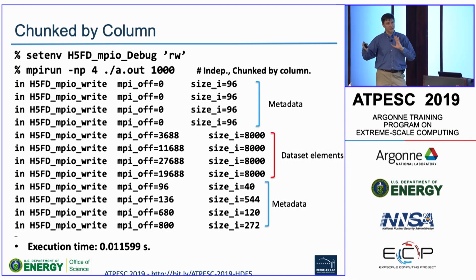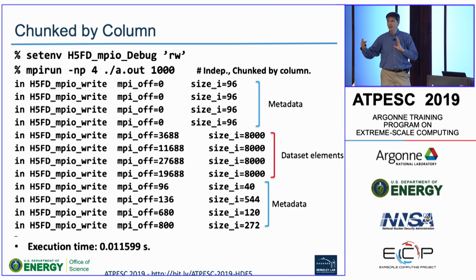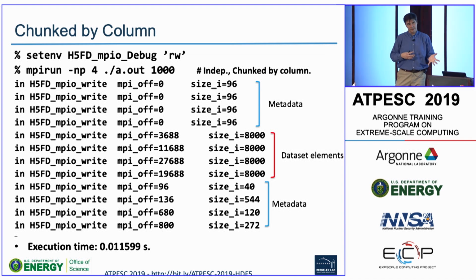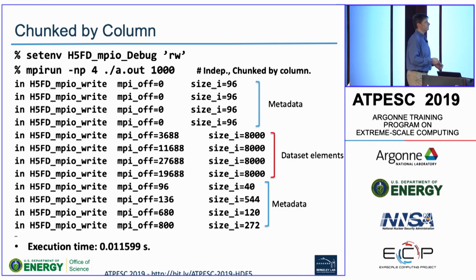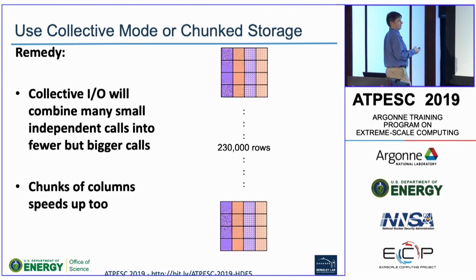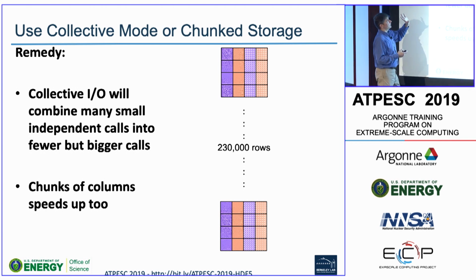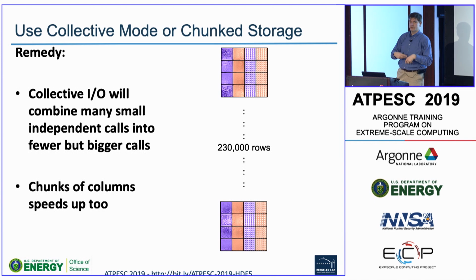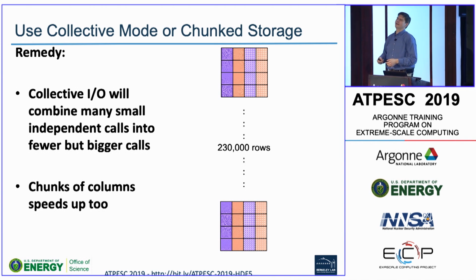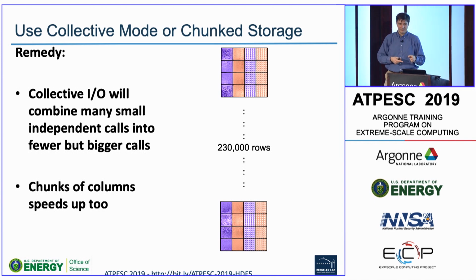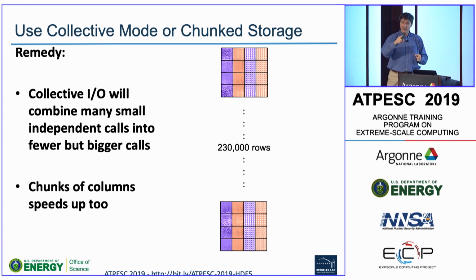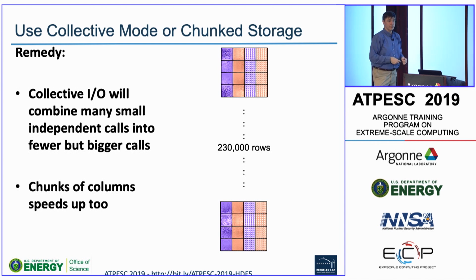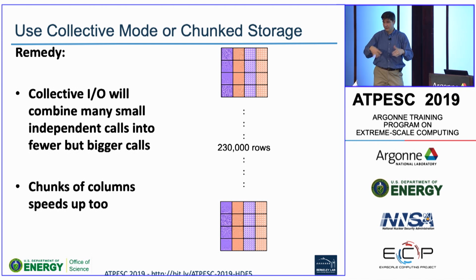So a lot of the thinking about how to make this go faster is whether your I/O pattern is reflected well in how HDF5 is trying to store your data. Now you can also get basically that same benefit if you do collective I/O, because you give the whole description of that column to MPI, and MPI goes, oh, hey, you are writing these bytes, and he's writing the bytes right next to them, and then the bytes next to that from the other rank and the other rank, and it collects them all into one big I/O description, sends them over to one rank, and does the I/O.